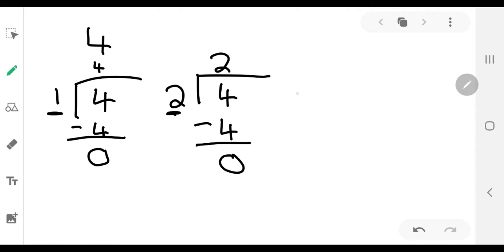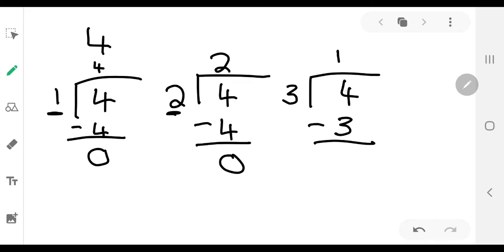What about number 3? Can 3 go into 4? Yes, it can. It goes in once. And then 1 multiplied by 3 will give you 3. If you subtract, you'll have 4 minus 3, which is 1. But now we have a remainder.